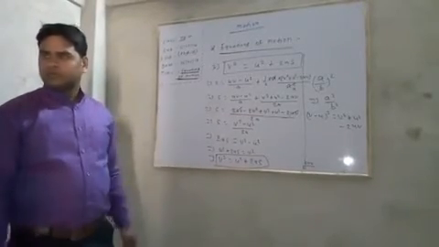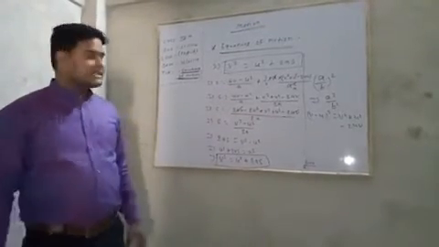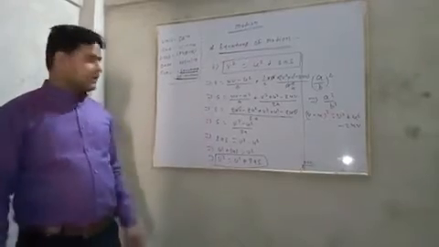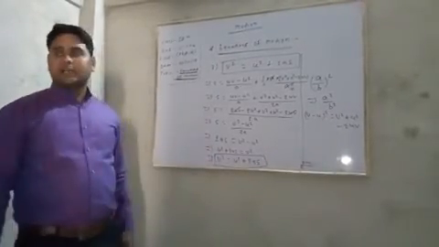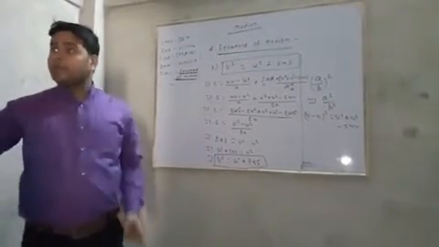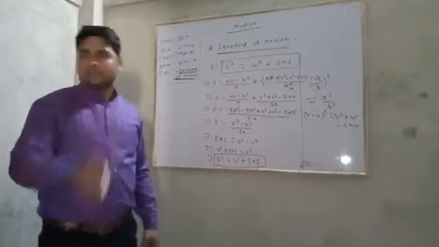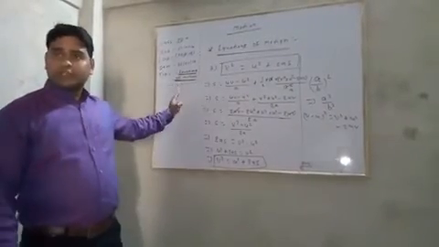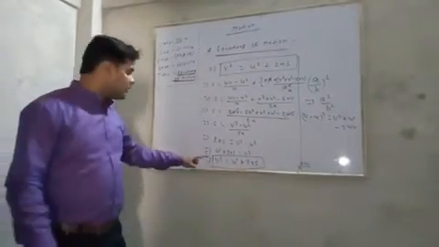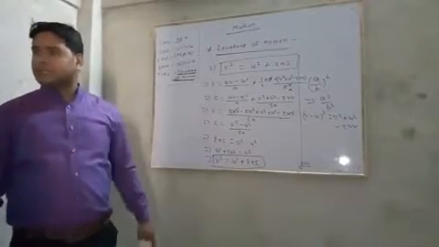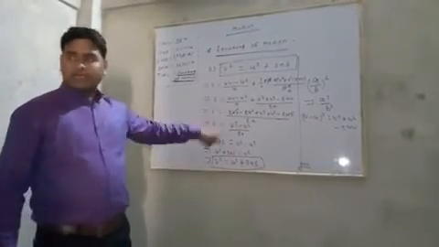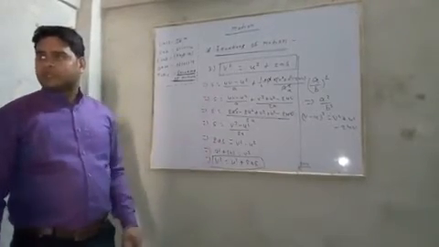Any doubt? No, sir. Then we can say that the third equation of motion also gives velocity, but in distance. First equation of motion also gives velocity, and third equation of motion also gives velocity. But what is the difference between first equation and third equation?